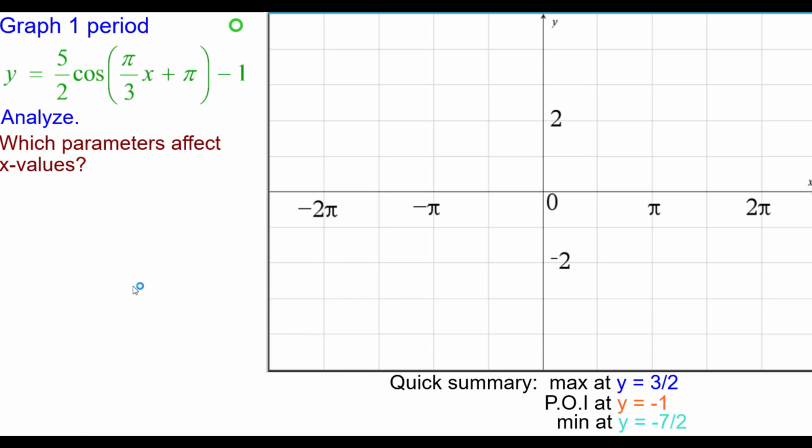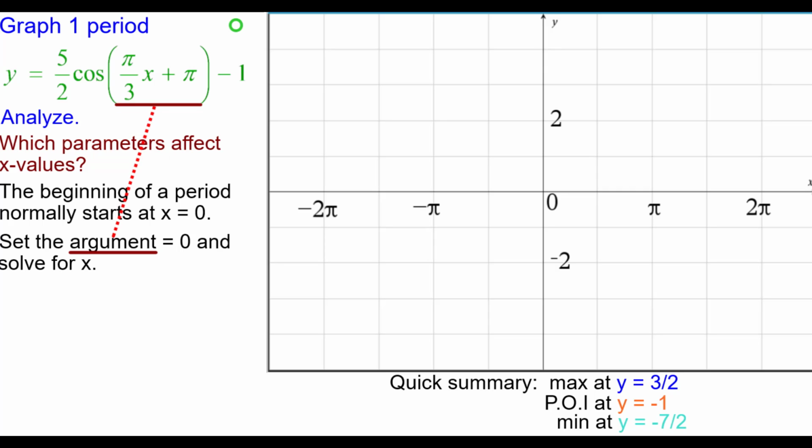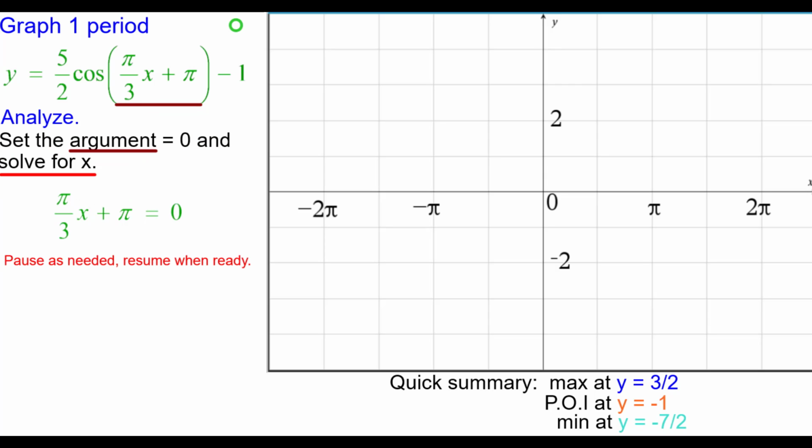So which parameters affect the x values? Those would be the ones inside the argument, the pi over 3 times and the plus pi. Those are inside the function. The beginning of a period normally starts at x equals 0. So what we're going to do is set the argument equal to 0 and solve for x to see where this one starts. So go ahead and solve this equation. Pause as needed.